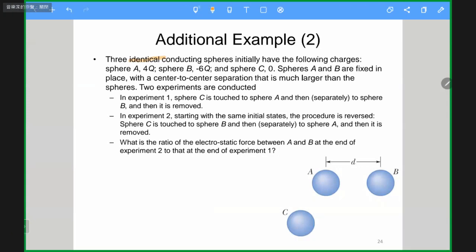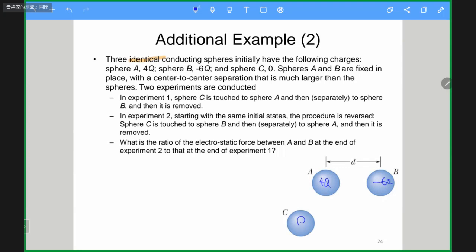Sphere A has 4Q, sphere B has negative 6Q, and sphere C has 0. Spheres A and B are fixed in place with a center-to-center separation that is much larger than the sphere, which means that you just ignore the force between them.